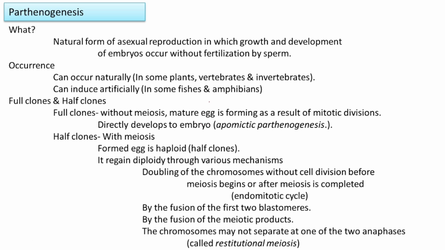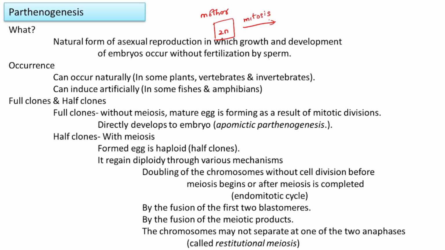Here, in the case of full clones, we know that in parthenogenesis the main factor is the mother. So, the mother's germ cell is diploid and it undergoes mitosis instead of meiosis.